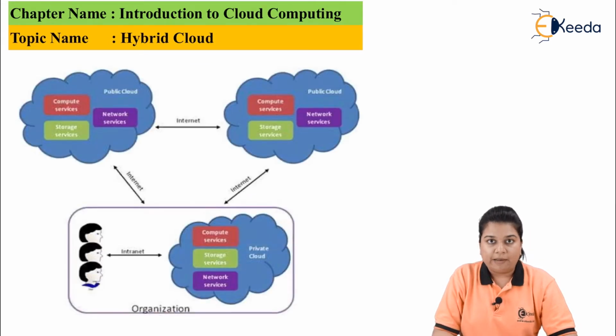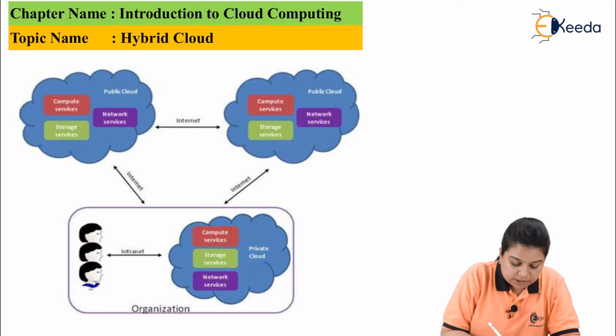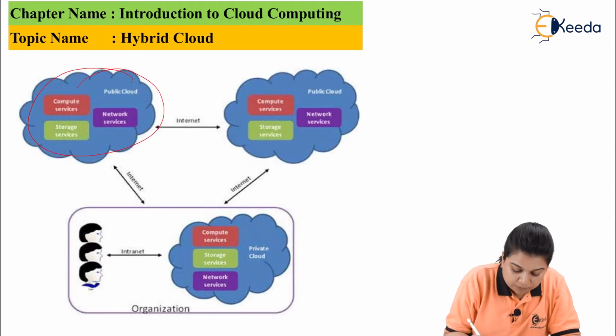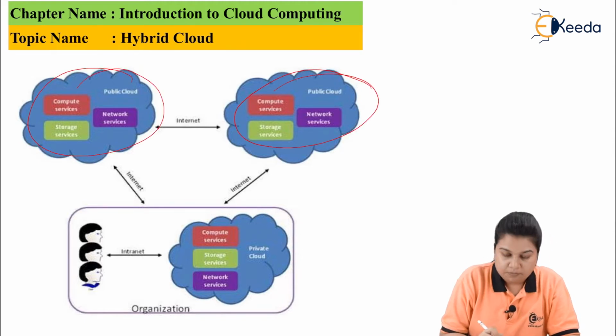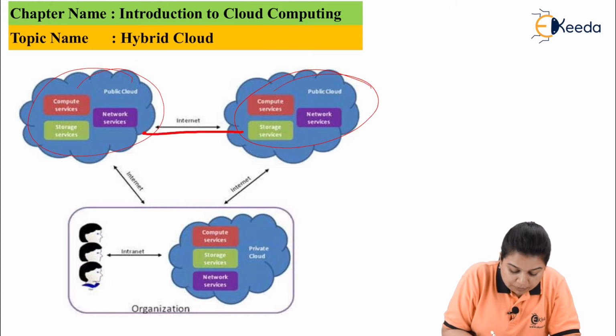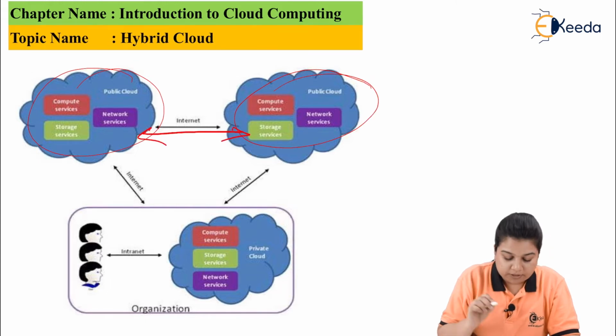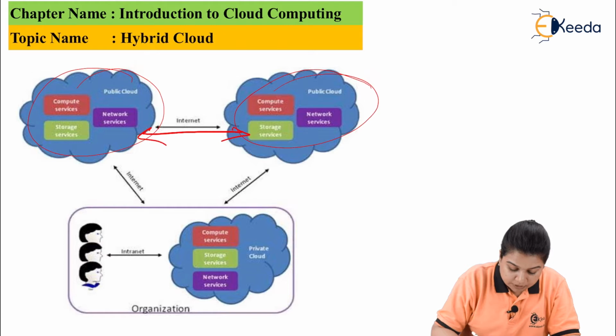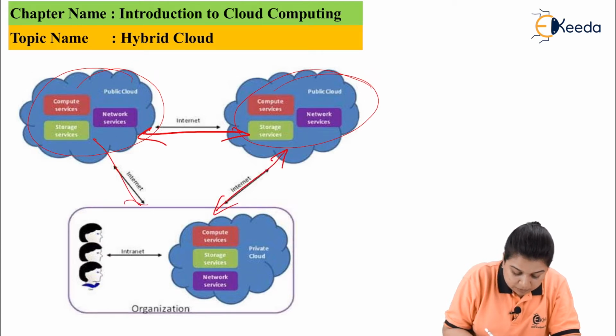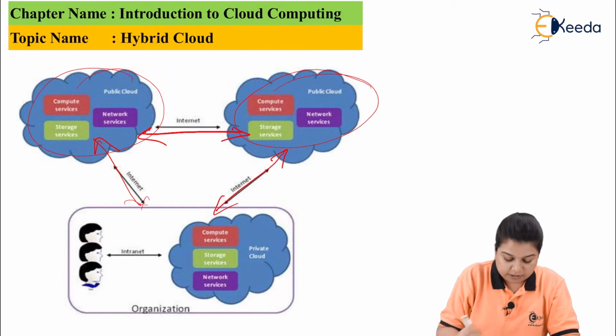Here comes the diagram of hybrid cloud. Now, see, we have two public clouds. Both these public clouds are connected via internet.